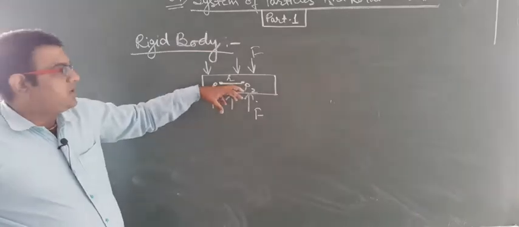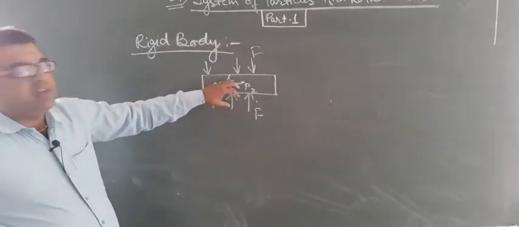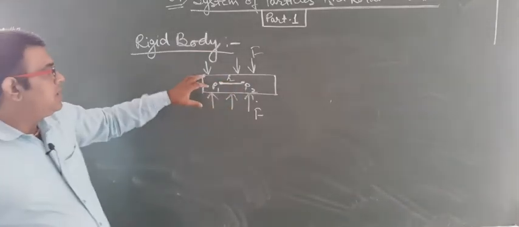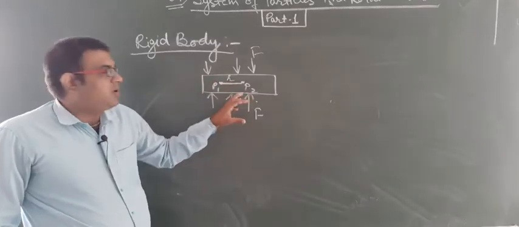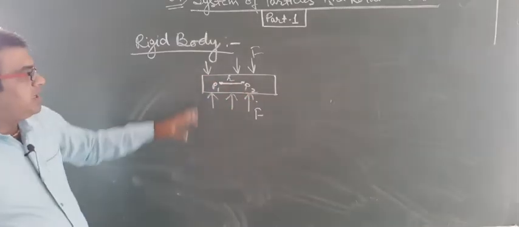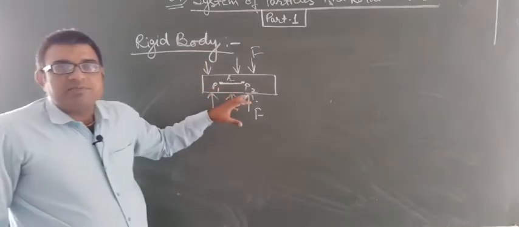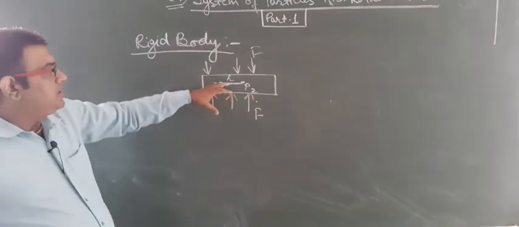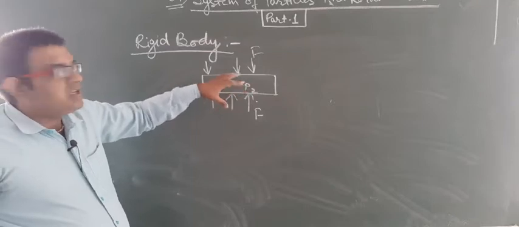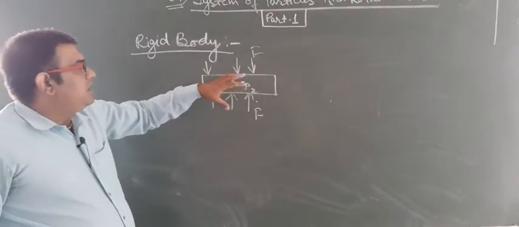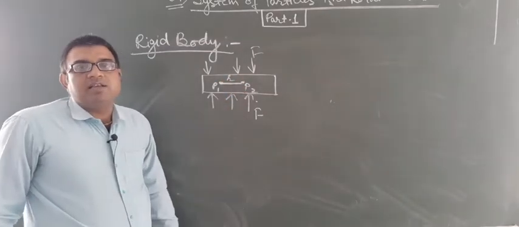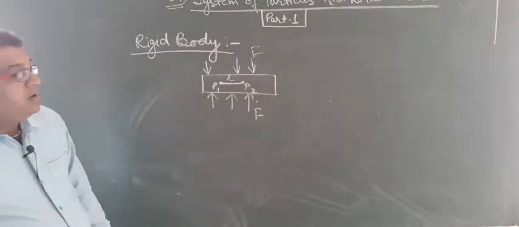Means after application of force, the separation between the various particles of which the body is constituted does not change. Then in that case, this is called a rigid body.